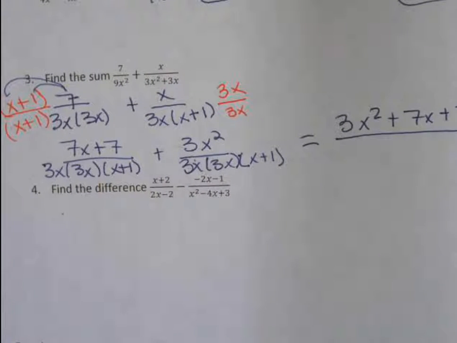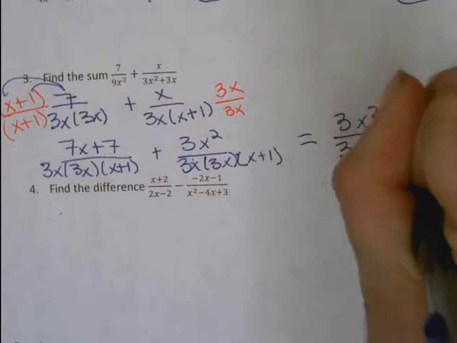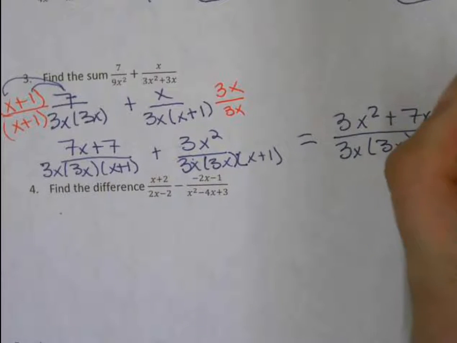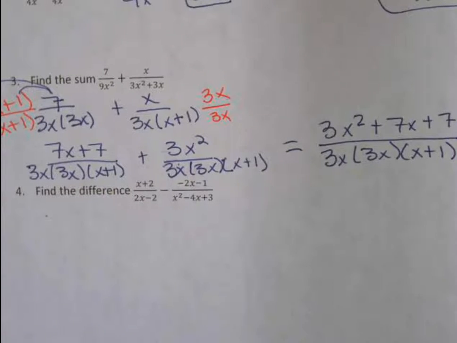And then what am I writing on the bottom? 3x, and x plus 1. Can I factor the numerator? No. If I could factor the numerator, I would want to do it like yesterday and cancel out pieces if I could. But I can't.